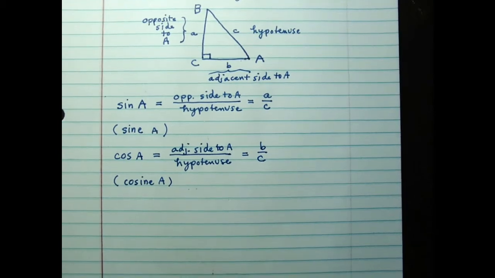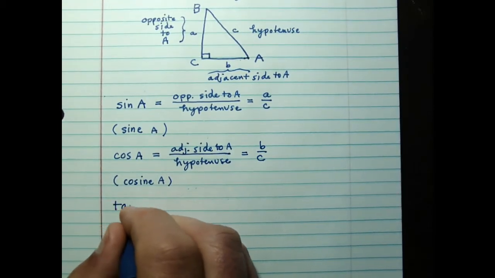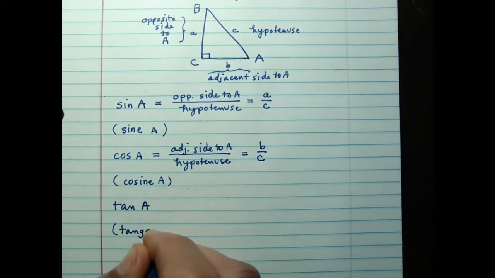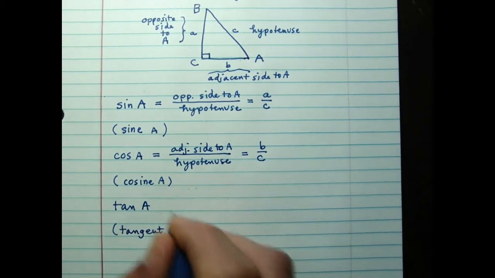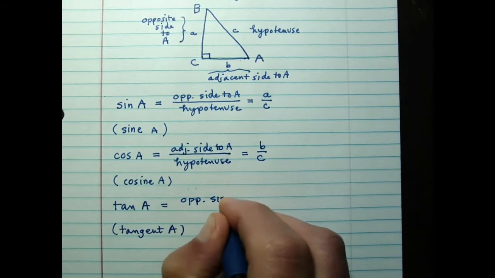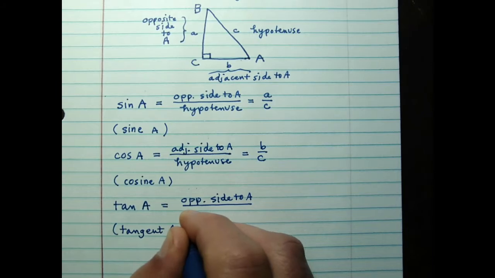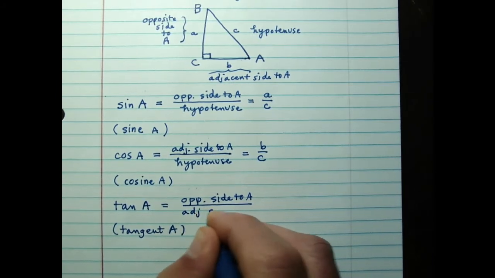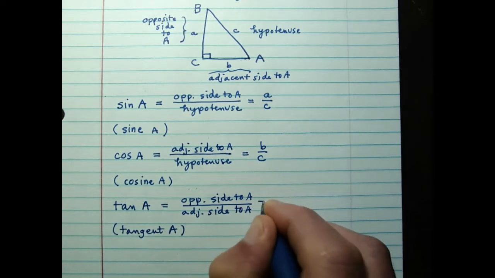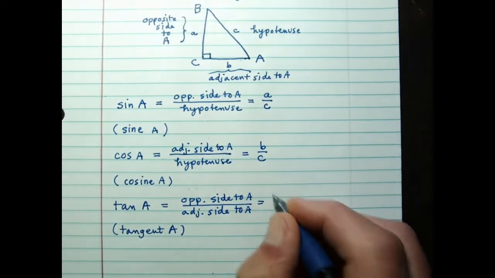And we have one more trig function we're going to define, TAN A, which is the tangent of A. And that's the opposite side to A divided by the adjacent side to A. So let's see, our opposite side to A was little a, adjacent side's little b.